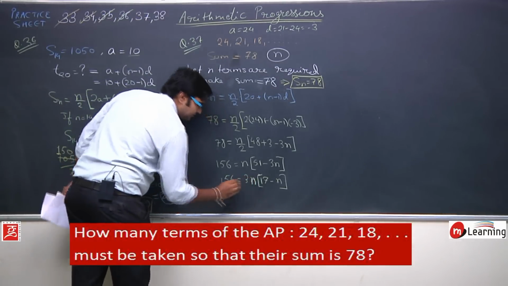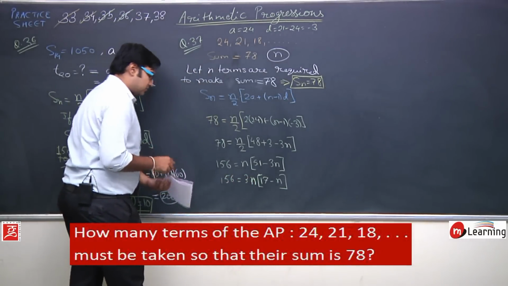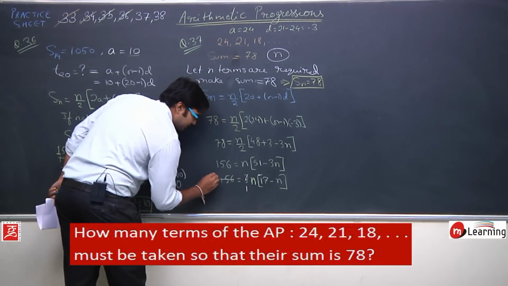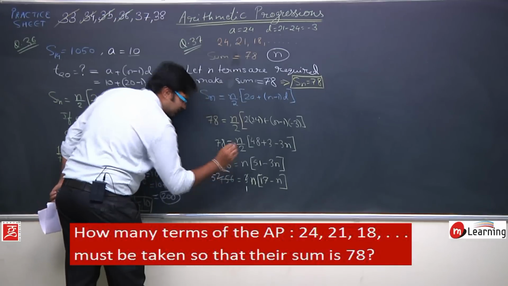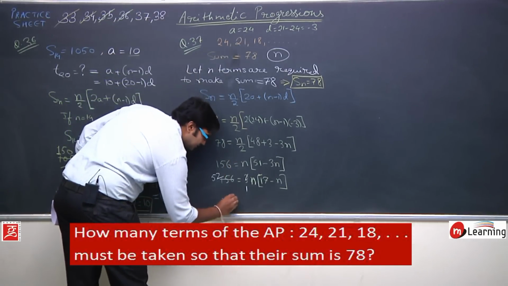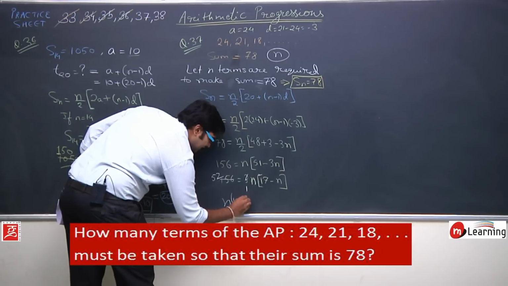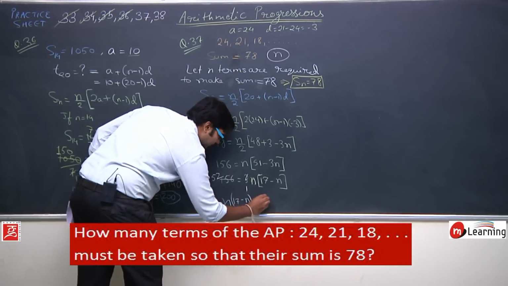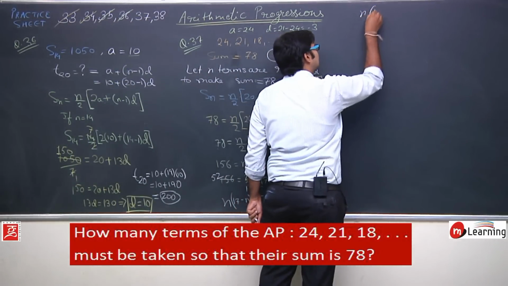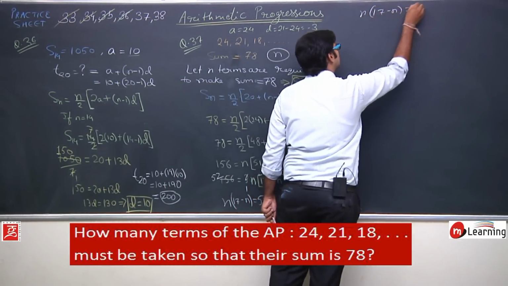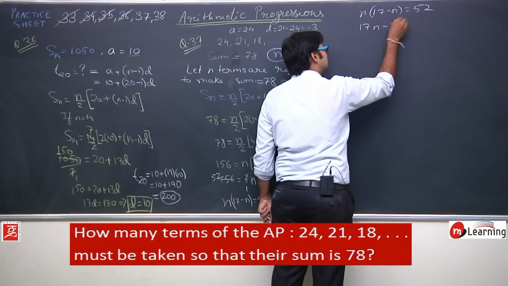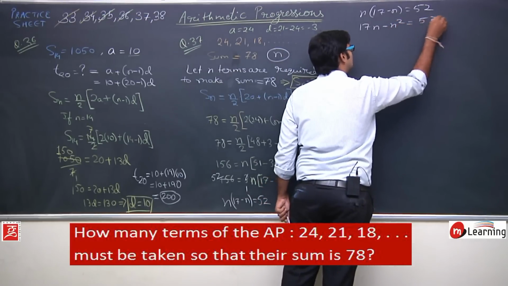Now I can cancel 3 from LHS to RHS. This is 3 1s are 3, this is 3 5s are 15 and 3 2s are 6. So this is 52. So I will get n times 17 minus n is equal to 52, which is 17n minus n square is equal to 52.